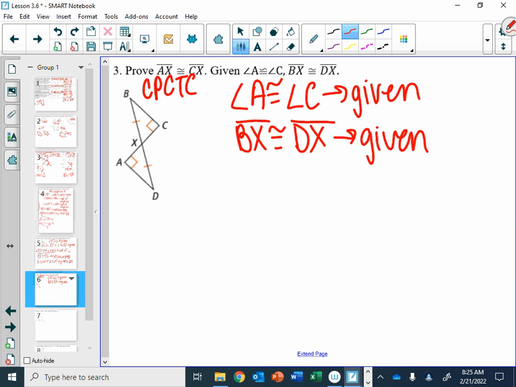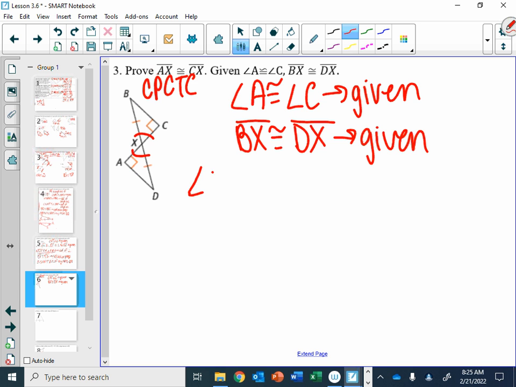Alright. That's all I've got. Anything else I can figure out? Because, there you go. Okay. Intersecting lines, opposite angles. Those are going to be congruent to each other.